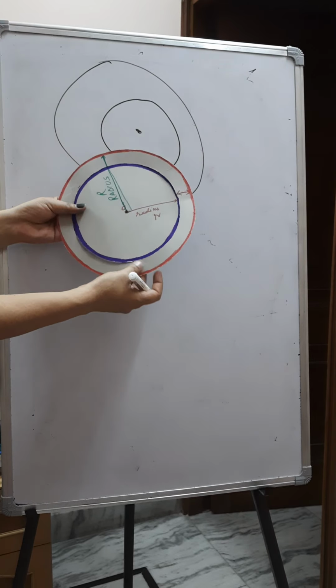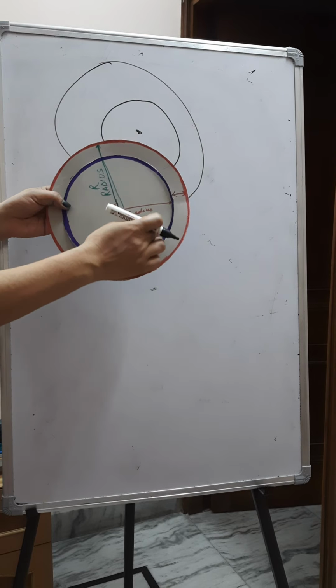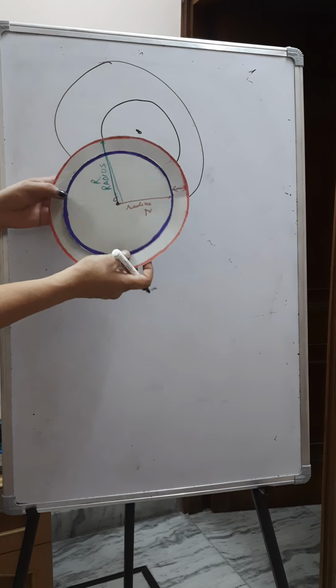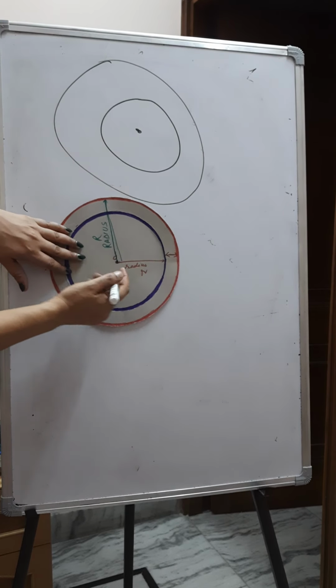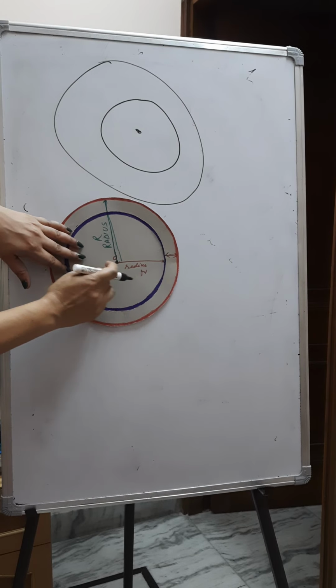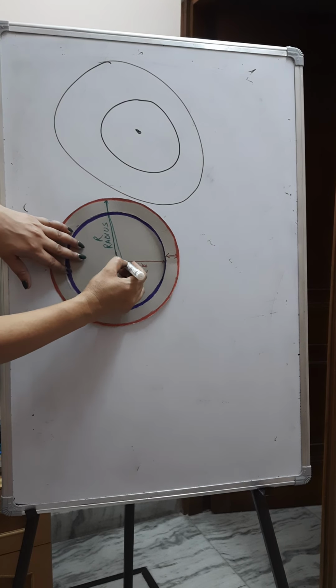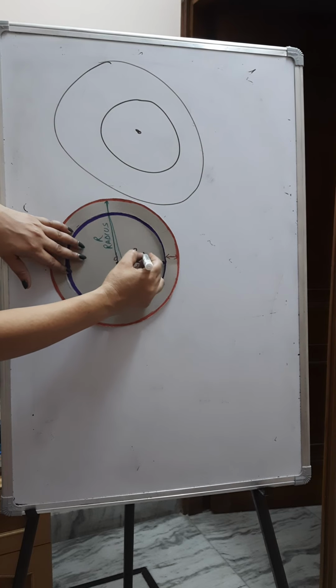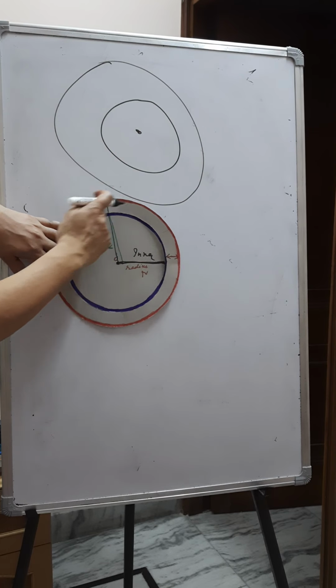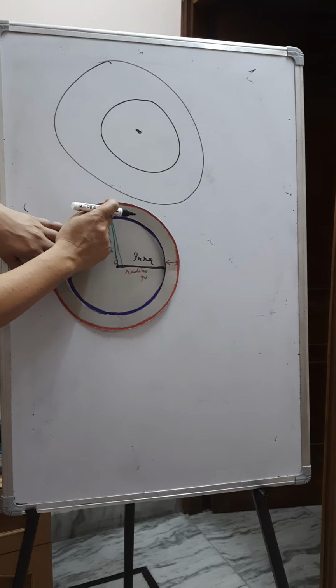Two circles are there, one with the purple boundary and the other with the red boundary. Both have a radius. This is the inner circle, inner radius. This is the outer circle and the outer circle's radius.